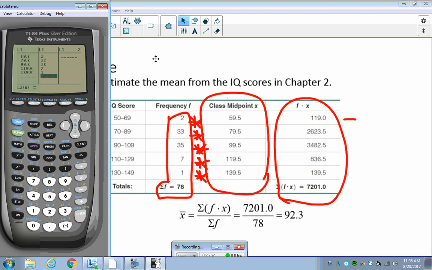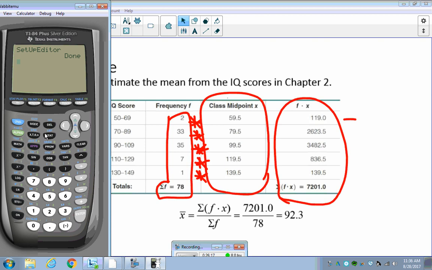Sounds like everybody's finished. Now that I have my data in, I don't want to ruin my data. I want to get out of that, edit those lists. So I'm going to use second and quit. So now I'm back out at the main screen.